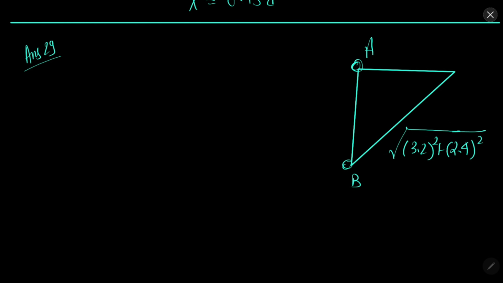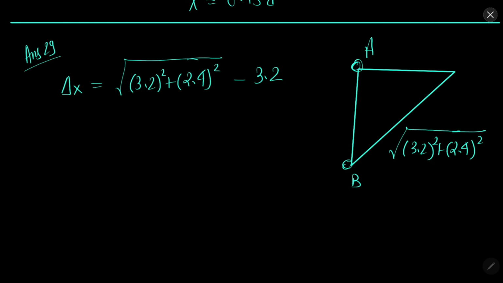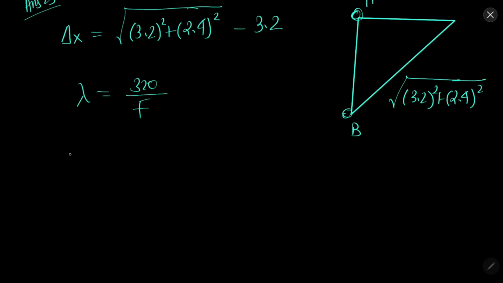So the path difference del x will be root of (3.2 square plus 2.4 square) minus 3.2 and wavelength will be 320 over frequency.